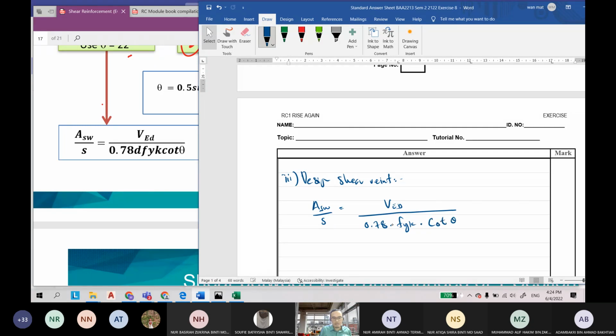Sorry, I missed the d here. So equal to VED is 360 times 10 to the power of 3, divided by 0.78 times d 500, fyk also 500, cotangent theta is 2.5. So what is the ASW over S now?